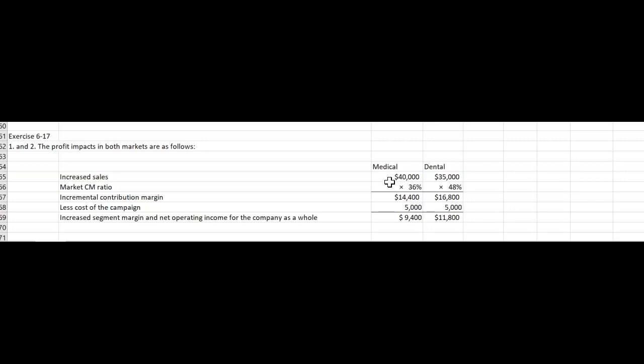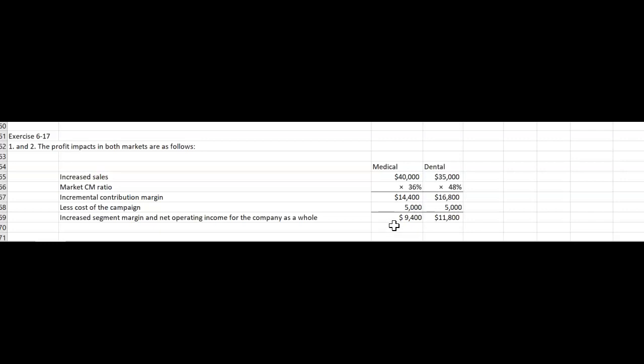So the $40,000 increase in sales multiplied by the CM ratio gives us the increase in the contribution margin. So we would have an overall increase of $14,400, but we have to consider that we spent $5,000 in additional advertising to generate that $14,400. So the increased segment margin for the medical net increase would be $9,400.